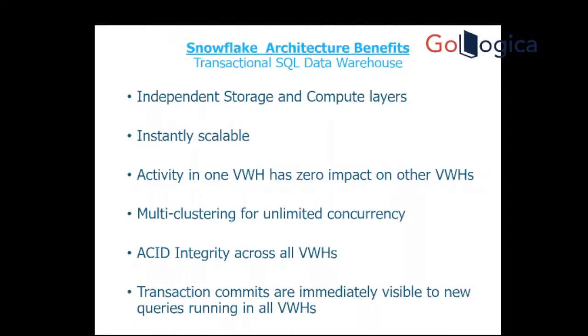Whenever they execute a complex query involving aggregation, grouping, sorting, everything happening together, that may affect the performance of the query when a heavy load is happening. But here it is not the case. When one warehouse is assigned for loading data, you assign another warehouse for executing queries. Both can work independently and it won't affect the performance at any point of time, right?